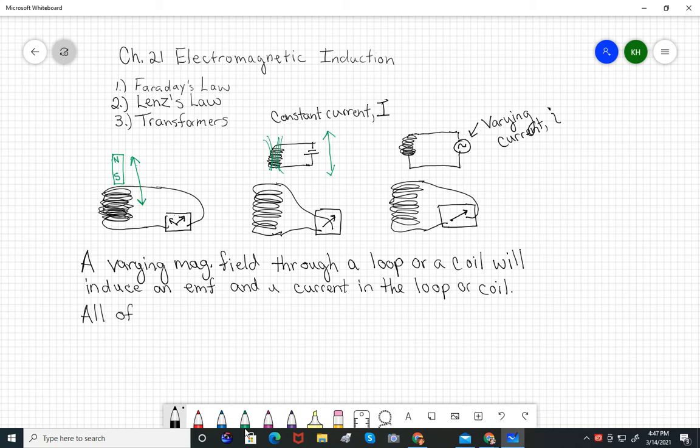All of the above actions vary the magnetic flux through the coil.